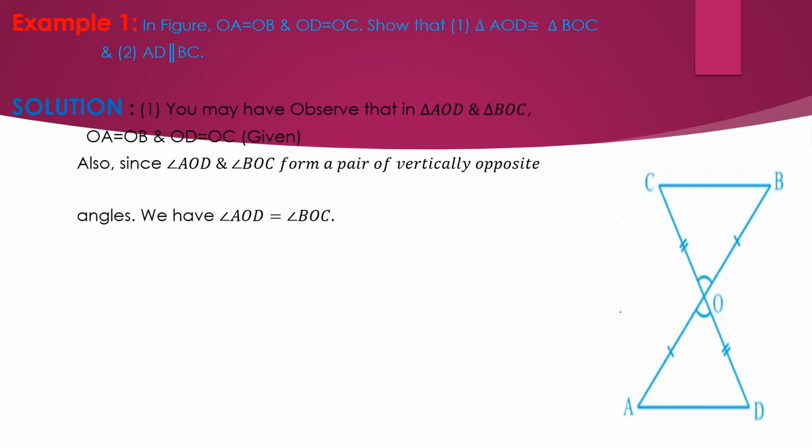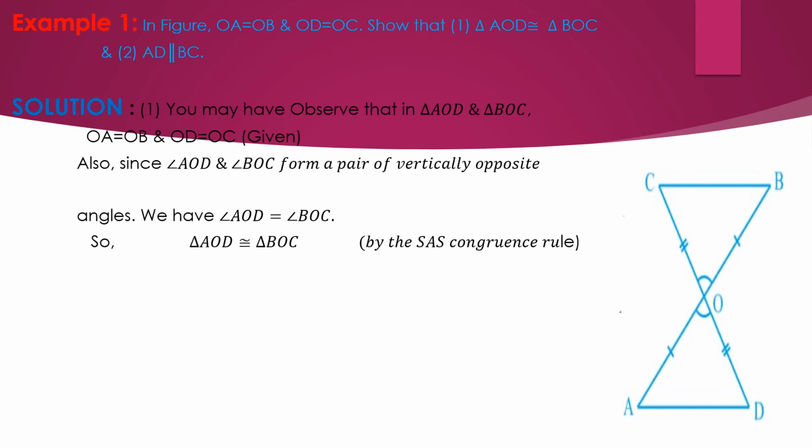So we can say that angle AOD is equal to angle BOC. These both are vertically opposite angles, and by the SAS congruence rule, we have proved that triangle AOD is congruent to triangle BOC by the side angle side congruence rule.